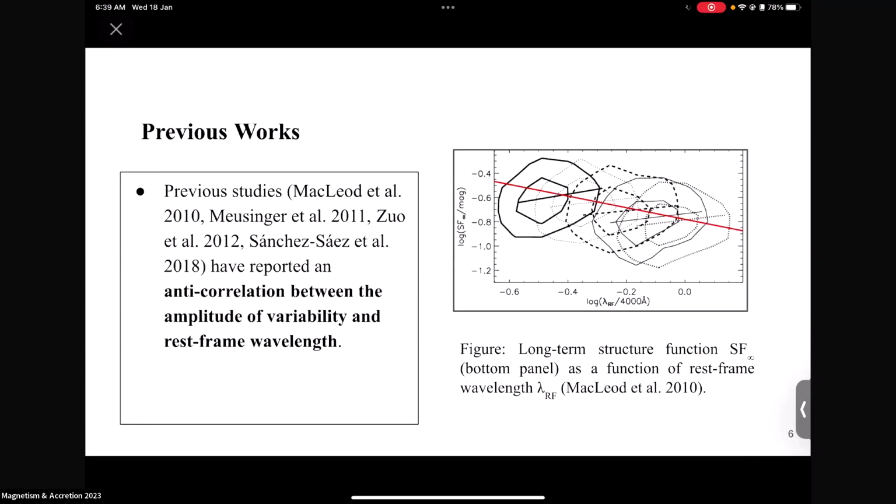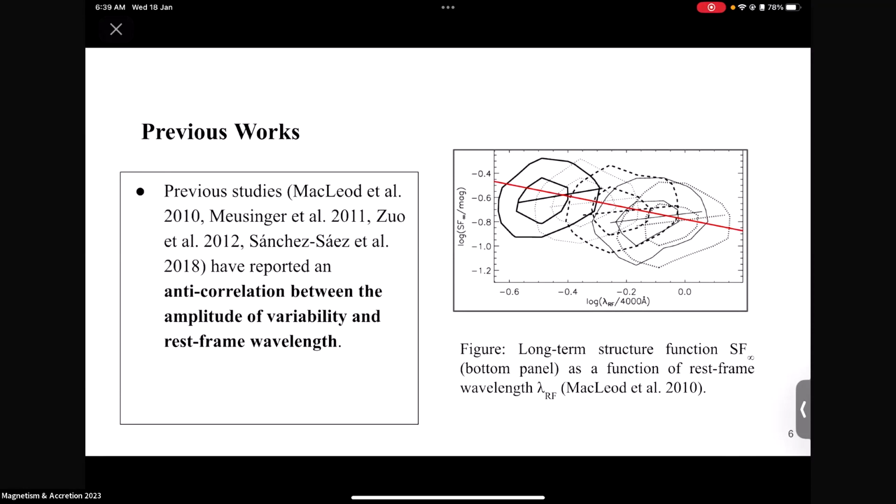There have been previous studies that reported an anti-correlation between the amplitude of variability and rest frame wavelength. On the right, this is the plot of the structure function versus the rest frame wavelength, where the different contours represent the different filters and the red line represents the median power law.